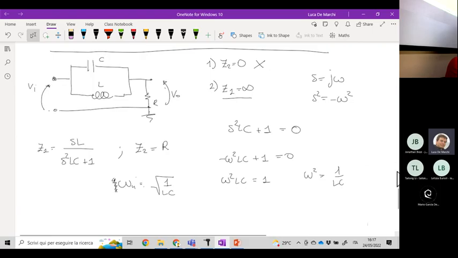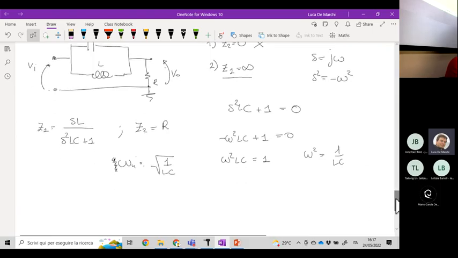We found that the distance of the zero location with respect to the origin is given by this formula, which coincides with the so-called omega null angular frequency.